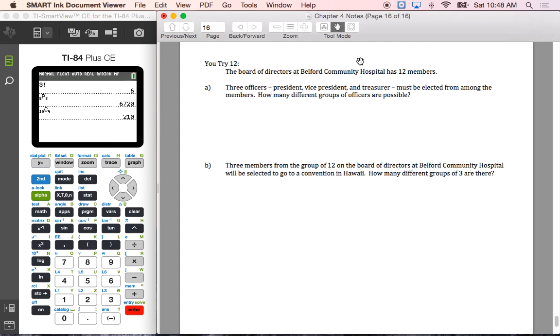So you should have answers for A and B. You have to think about what you're doing. For A, we have 3 officers: president, vice president, treasurer. If you have positions, automatically that should tell you you have to use permutations. So we are going to have 12P3.